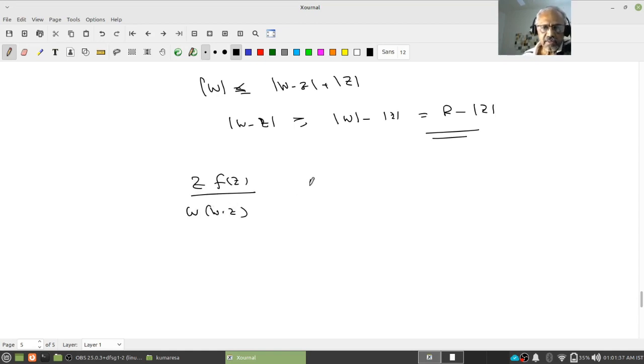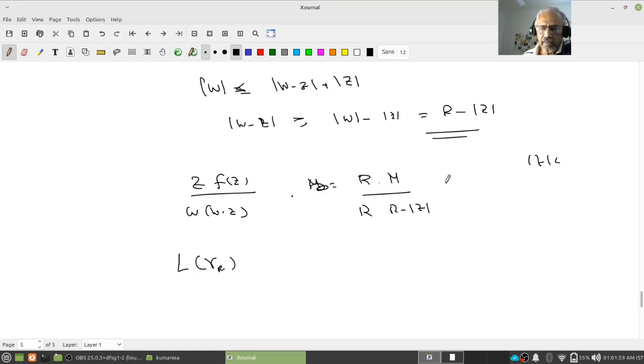Since mod z is less than or equal to r, I can take the modulus of f as m, then this will be r, and mod w minus z will be at least r minus mod z. Then I already had 2 pi r, the length of gamma r.